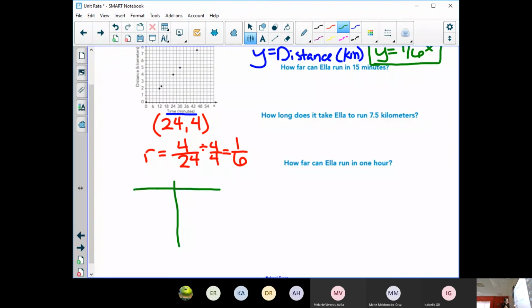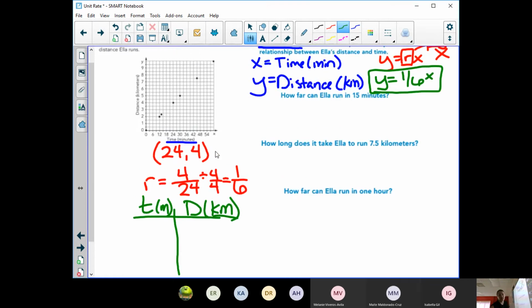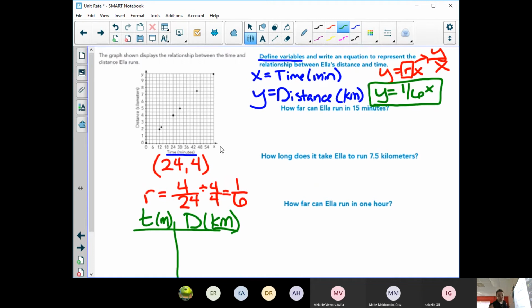a few things. I'm going to go ahead and make a table. So we have time, which is in minutes, and we have distance, which is in kilometers. And we know that in 1 minute, she can run 1/6 of a kilometer, because that's what my unit rate tells me.